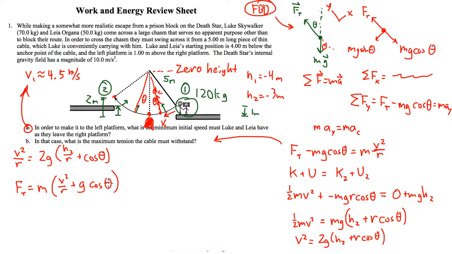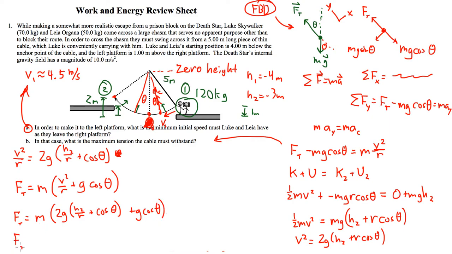So v squared over r goes in here. What I'm going to get now is tension force is equal to mass times 2g times h2 over r plus cosine theta. That's this v squared over r, and then we get plus g cosine theta.